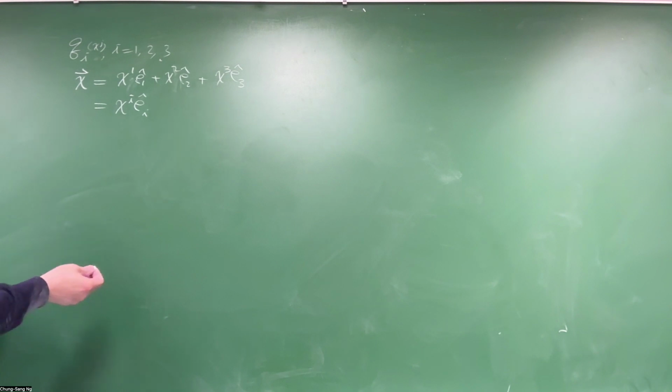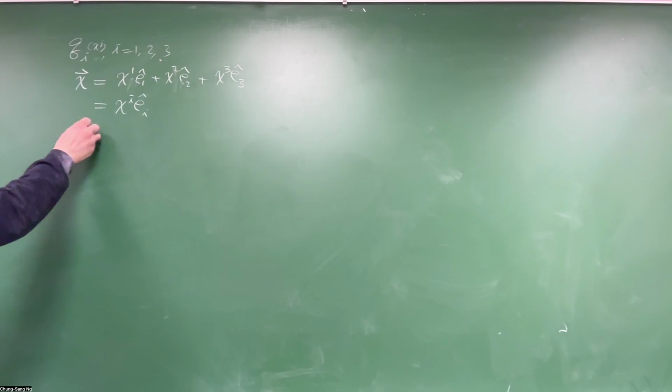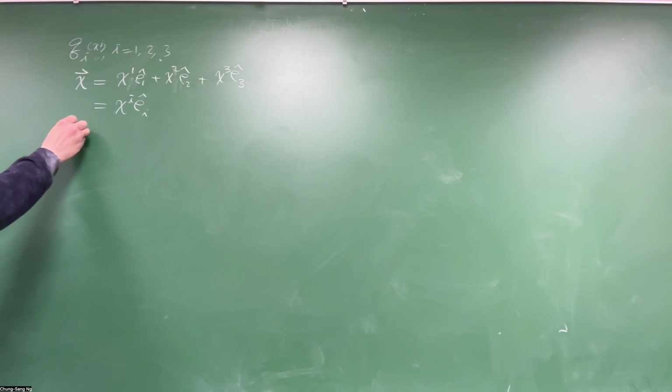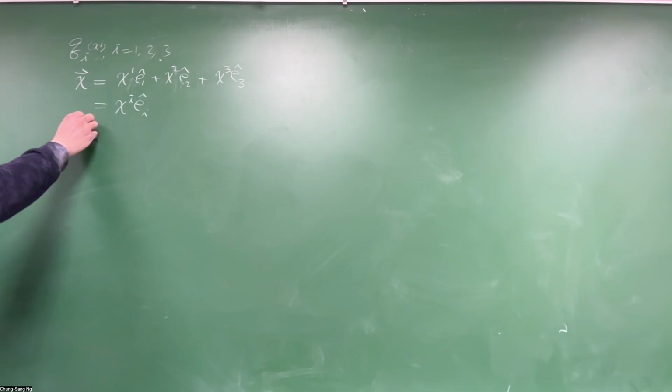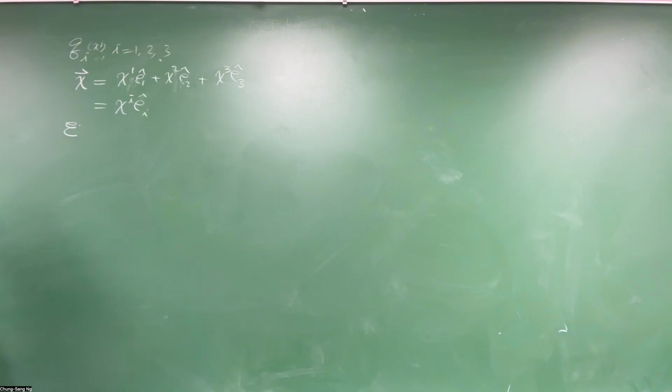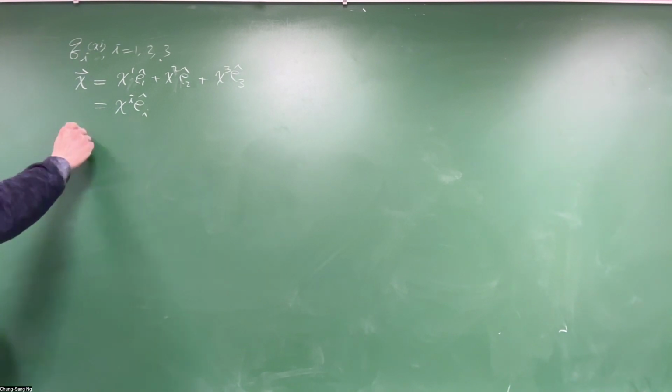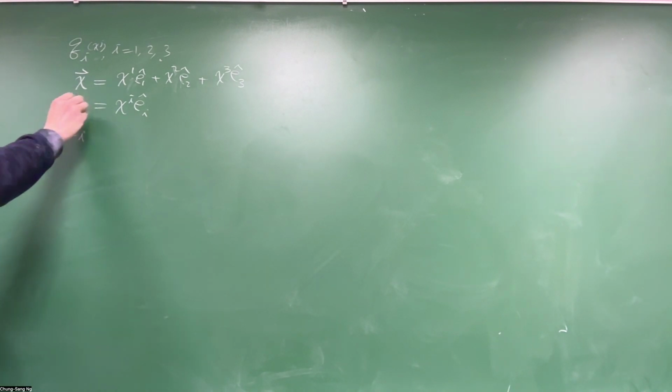Now we want to define the unit vector using your Q as your coordinate. The way to define it is first this epsilon. Actually, we define the covariant basis first.